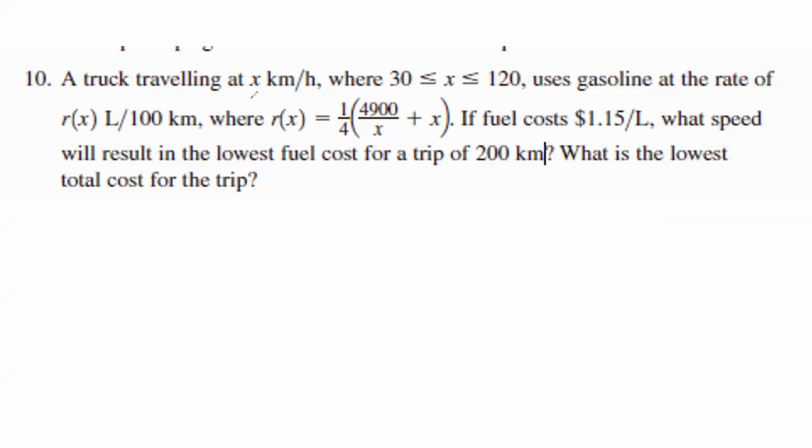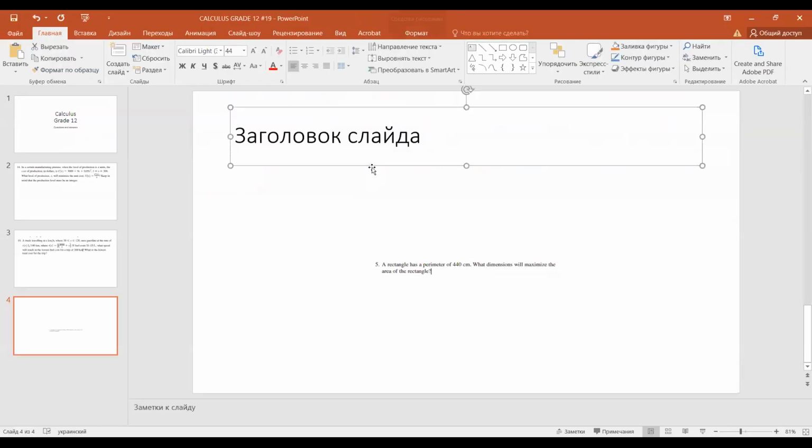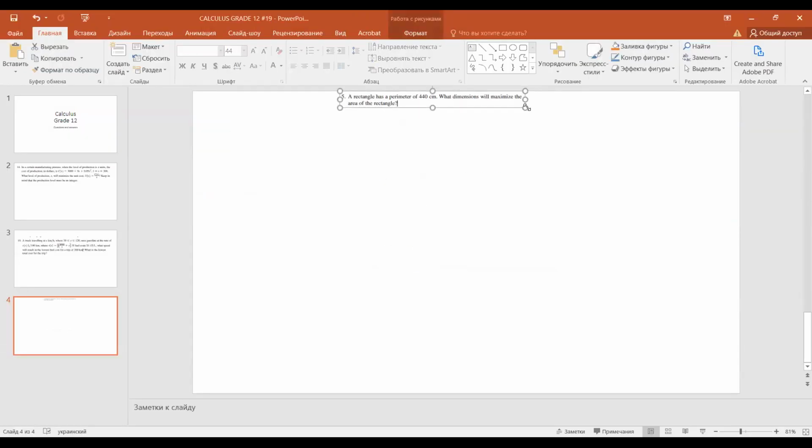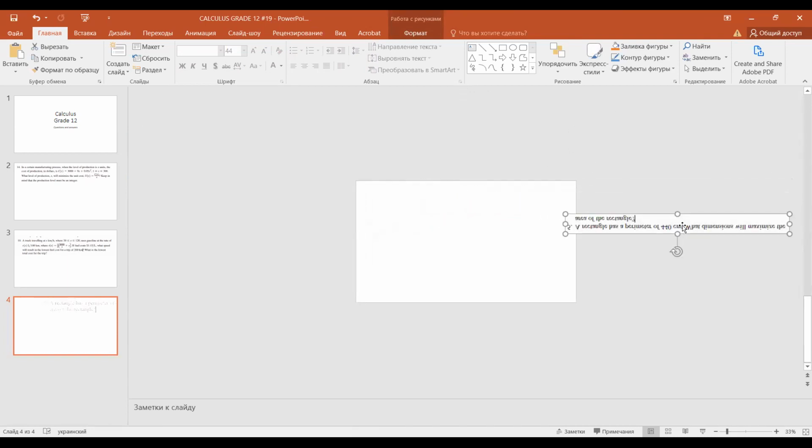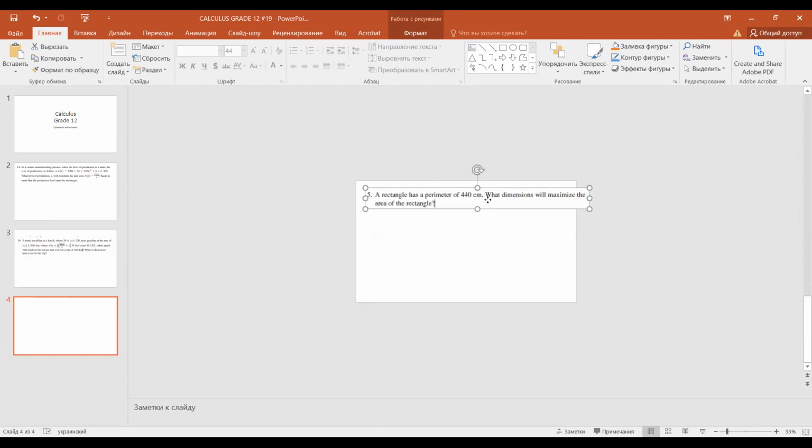Number 5, a rectangle has a perimeter. I know how to solve it, I just don't know the proper algebraic way. If you cannot solve it in a mathematical way, I'm not sure you understand it, because the mathematical way should be the only way.